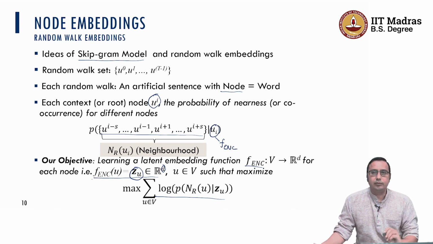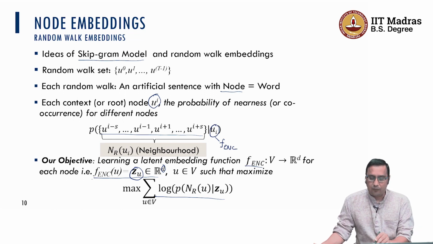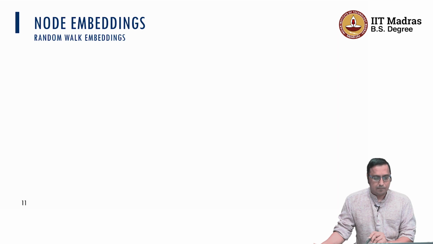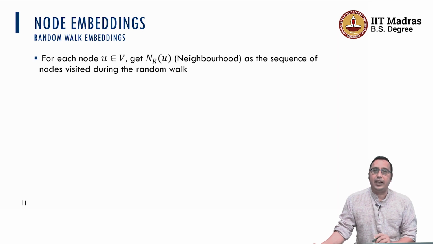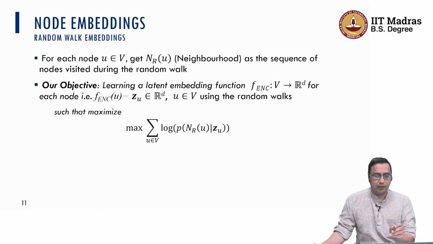This is a similar probability. The only difference is that instead of u_i, we use z_u, because we are interested in learning the latent embedding of u_i. So how can we learn that using the random walk is the question we are going to ask.